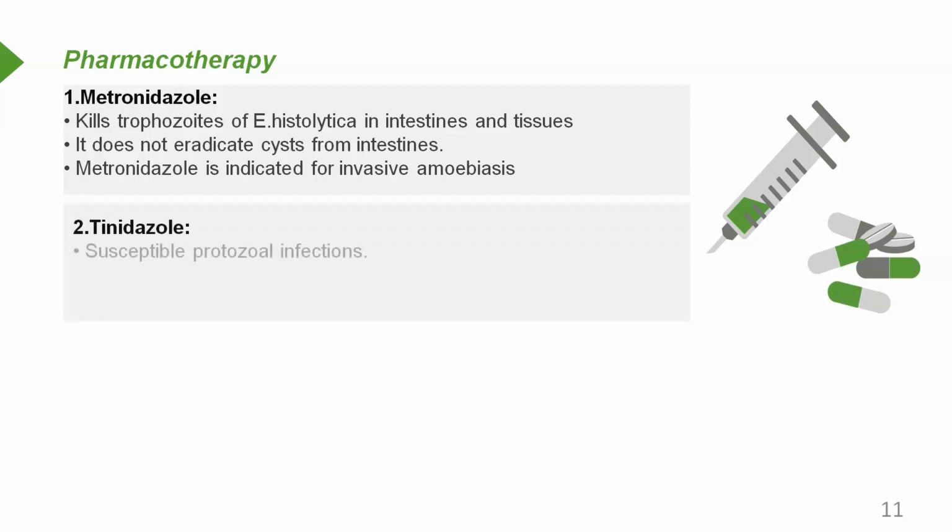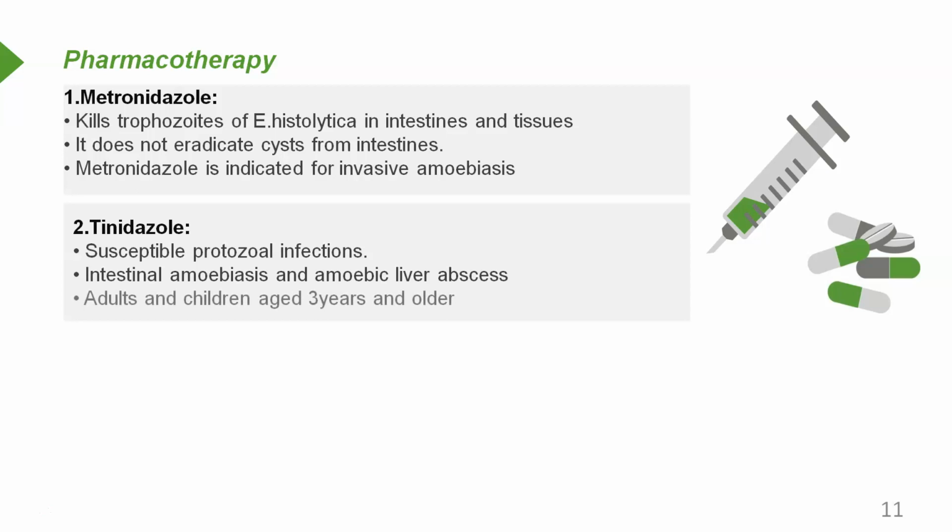Tinidazole. Tinidazole is used to treat susceptible protozoal infections. Tinidazole is indicated for the treatment of intestinal amoebiasis and amoebic liver abscesses caused by Entamoeba histolytica. The drug should be used only in adults and children aged 3 years and older.